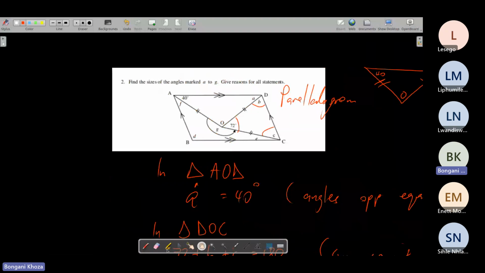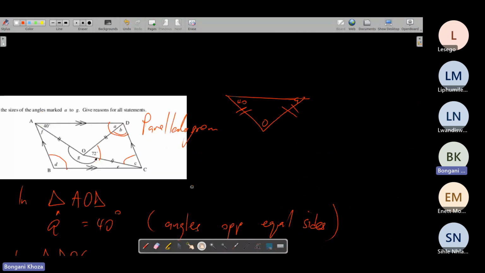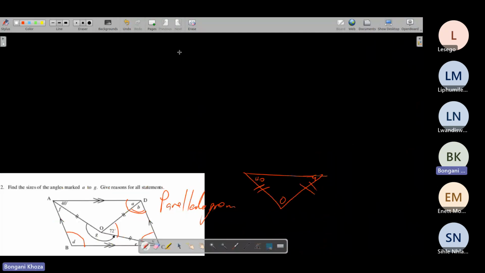Moving on, we said this is a parallelogram, and we had concluded something about a parallelogram. We said that this entire angle has to be equal to this entire angle over here. So we can say angle B is equal to angle D. And we said something about these being diagonals of a parallelogram.